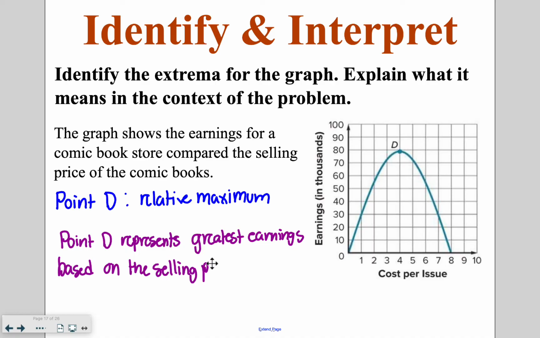So what it's saying is basically that if the comic store sells its comic books for $4 each, it's going to make a maximum amount of profits.